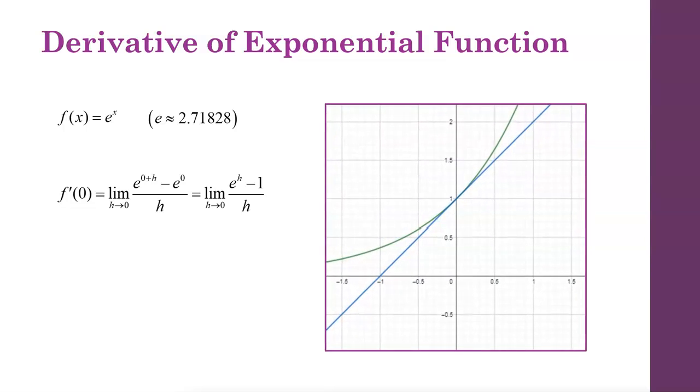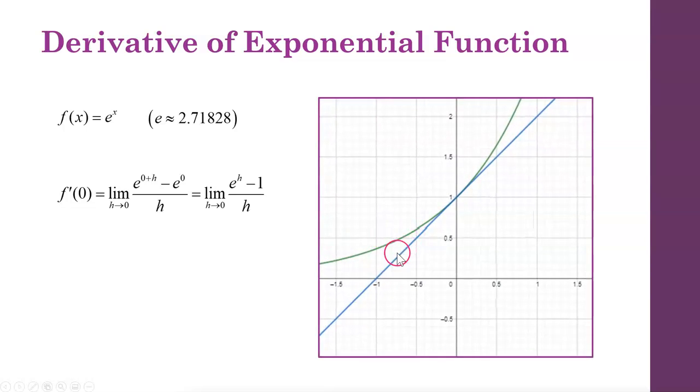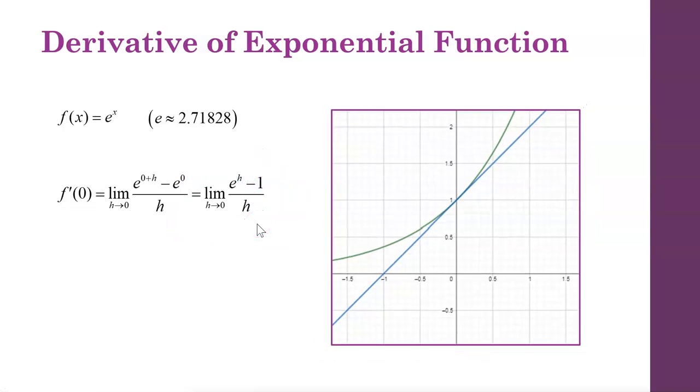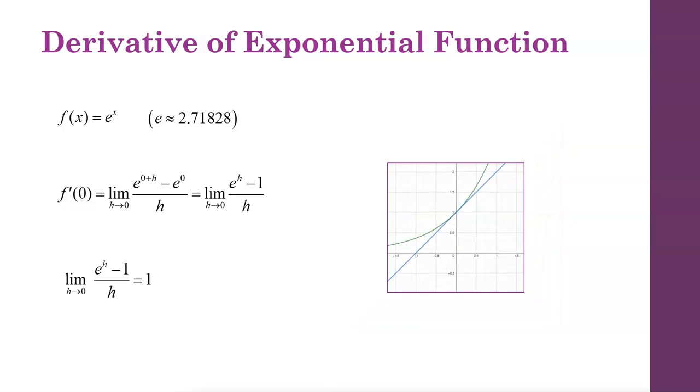If we zoom in and take a look, we are interested in f prime of 0, which would mean the slope of the tangent at 0. So we need the slope of this blue line. It should be easy enough to see that the slope of this blue line is 1. If the rise is 1, the run is 1, so I get 1 over 1, which is 1. So this limit, e to the h minus 1 over h, is going to equal just 1. And that's a fact I'm going to need to use shortly.